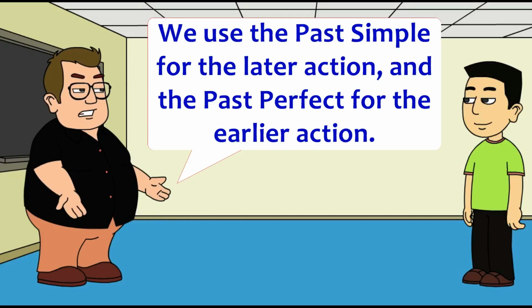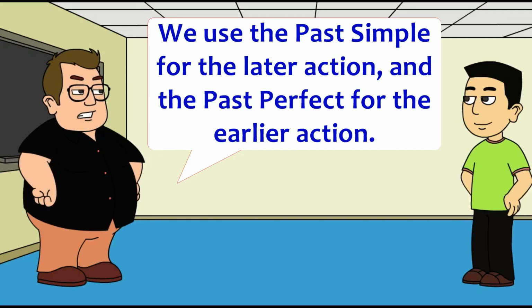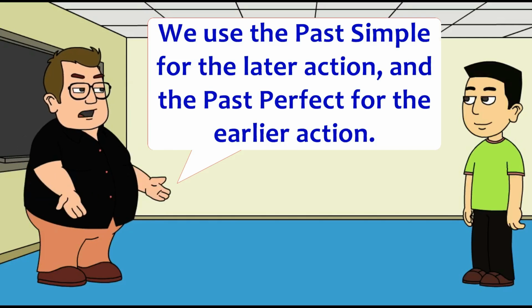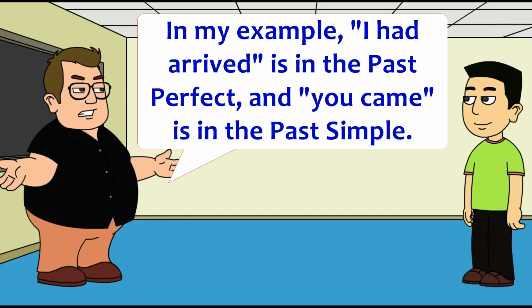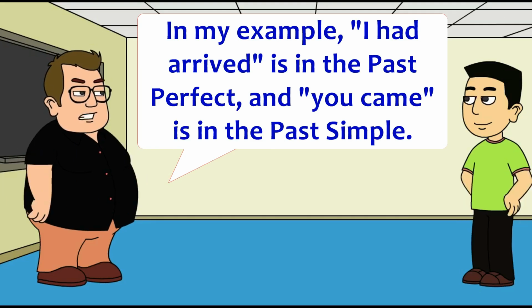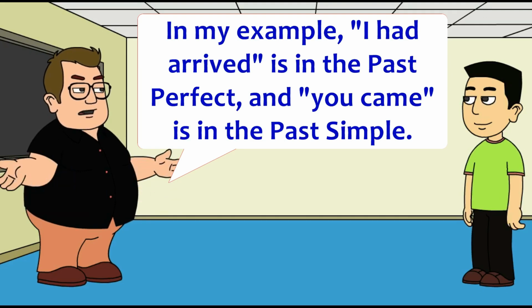Exactly. We use the past simple for the later action and the past perfect for the earlier action. In my example, I had arrived is in the past perfect, and you came is in the past simple.